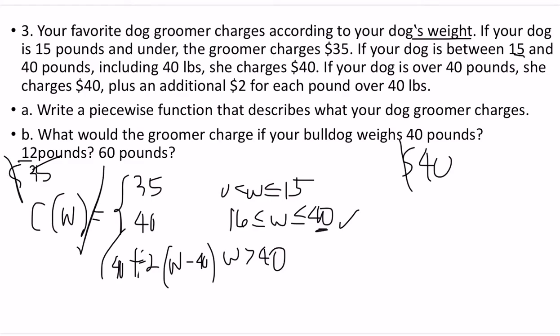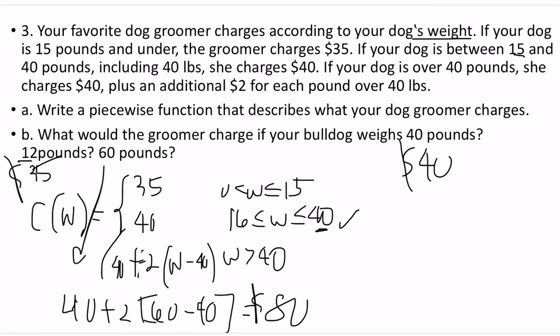Now, if 60, of course we will use 40 plus 2 times 60 minus 40, which is equal to 80. Use your calculator. So $80. Okay, so our answers are these, and this is our function.